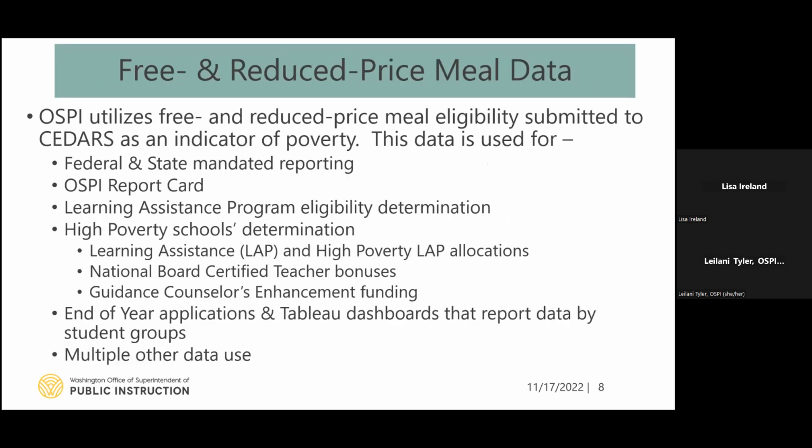We talked about how OSPI utilizes free and reduced price meal eligibility as a proxy or indicator of poverty. We use this data for federal and state mandated reporting. It's populated to the OSPI report card. It's learning assistance program eligibility. And I'll take a pause on this in just a moment. It's also used to determine national board certified teacher bonuses and guidance counselors enhancement funding.